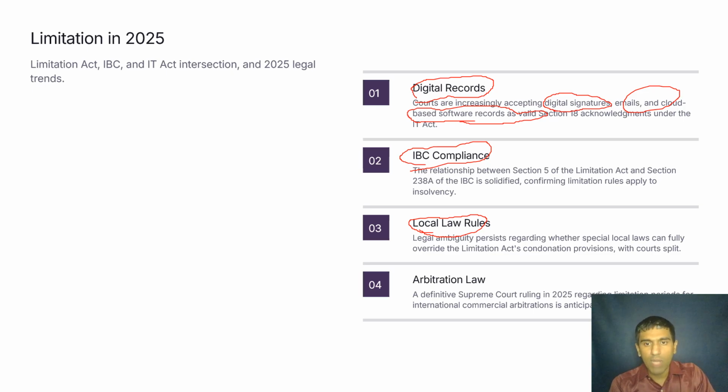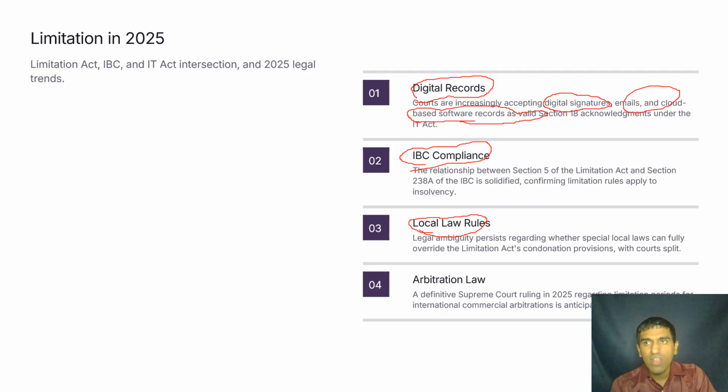Then when it comes to arbitration law in 2025, there might be a Supreme Court ruling which would specify the limitation period for international commercial arbitration, which essentially relates to disputes between one party in India and another party which is a foreign party located outside India.